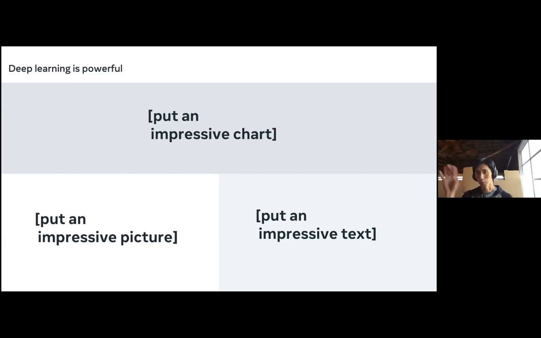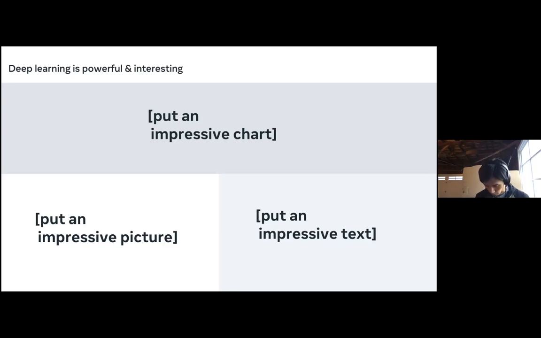There are also pictures, non-trivial ones, that models can classify or even generate using generative models. Similarly for text, you can now translate many languages back and forth pretty reliably, and you can even start to generate human-like sentences. Okay, that's pretty impressive, but I'm not going to bore you with all these details.